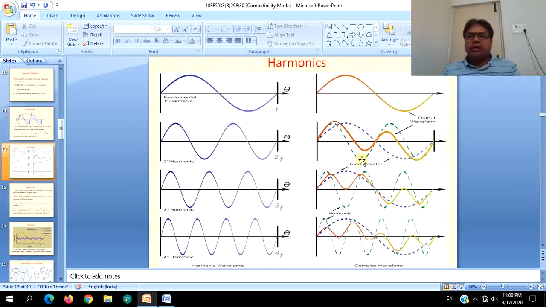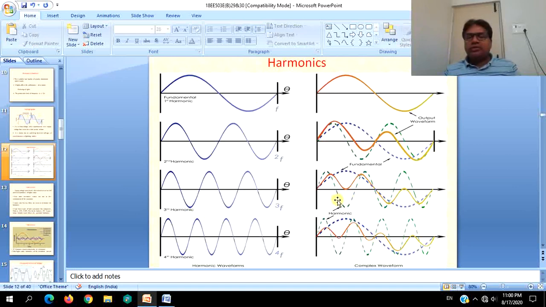This green dotted line is your harmonic. So this is the second harmonic, which is completing two full cycles in the same time as one full cycle of the original waveform. Because of this second harmonic, the actual waveform will change its shape like this.